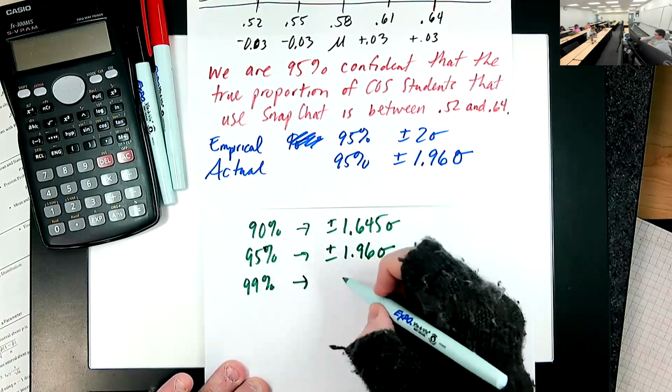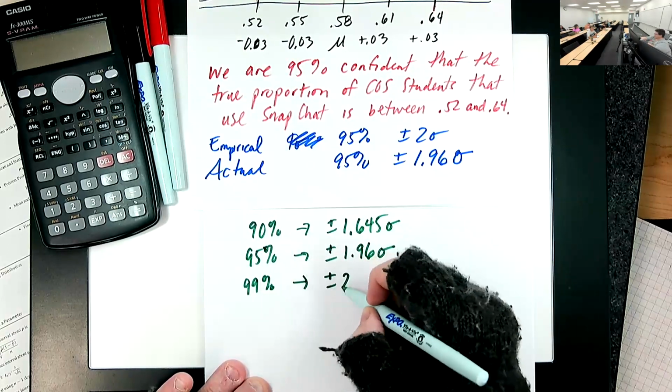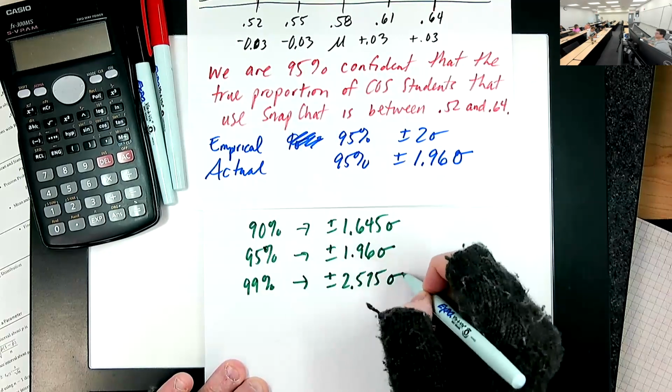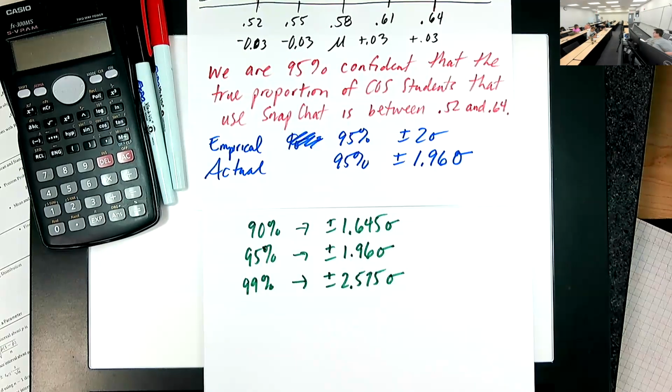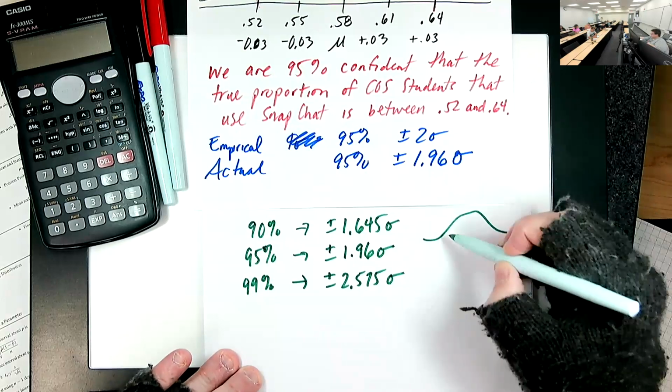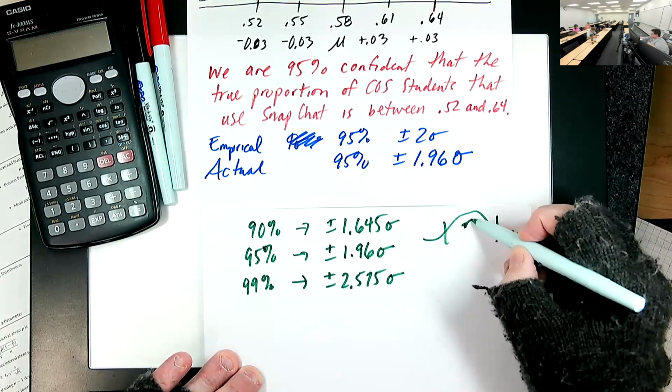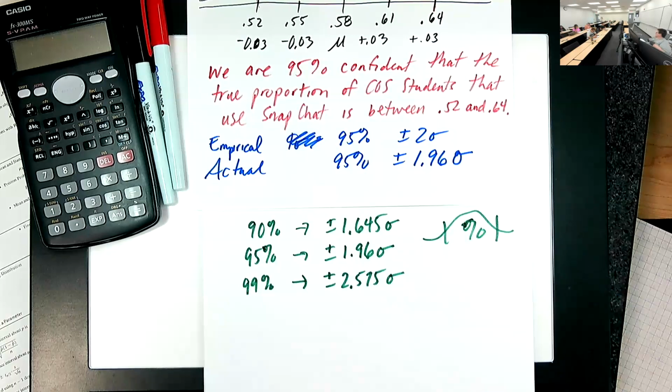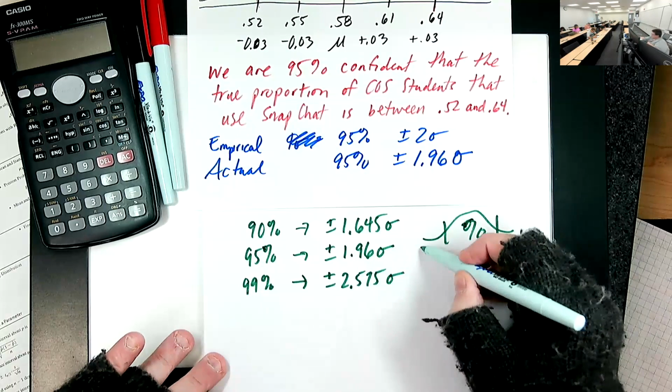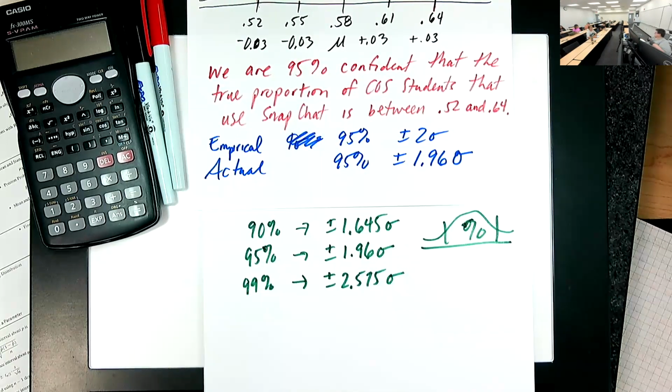At 99%, the actual value is 2.575 deviations. This will give you the percentage under the bell curve between those values. That's what this is doing. And I'll show it to you in the normal calculator in just a second.